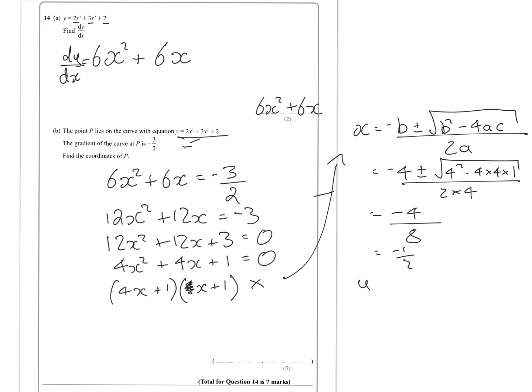And so y is, well, we know that y is 2x cubed plus 3x squared plus 2.